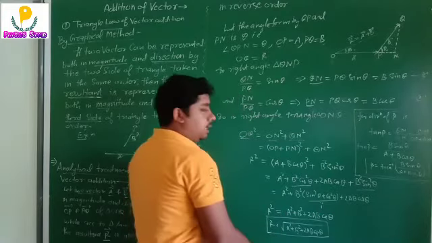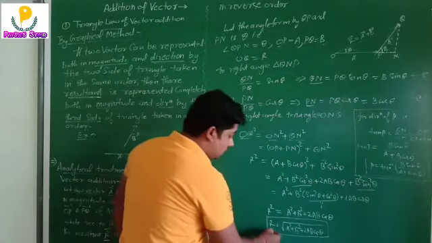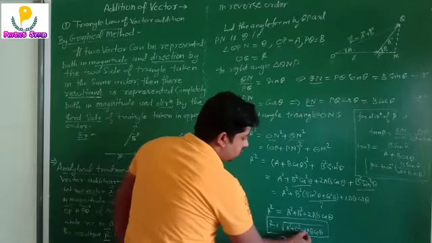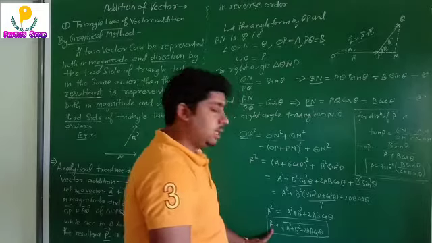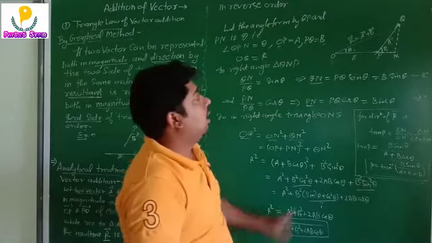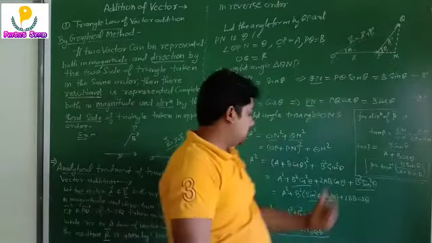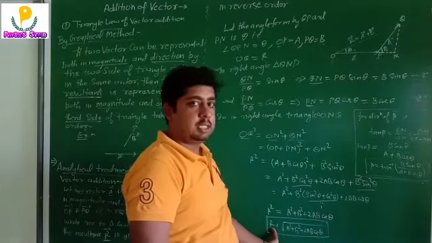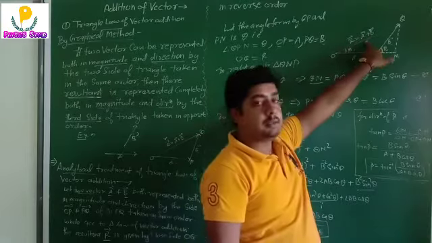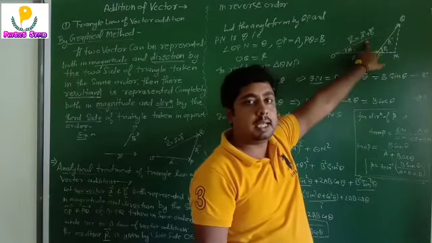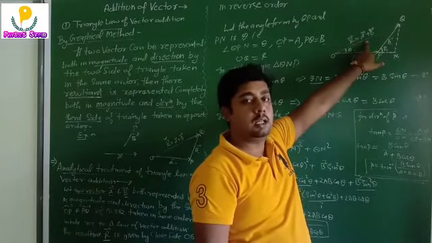If we take the square root on both sides, R is equal to under root A square plus B square plus 2AB cos theta. So this is the resultant of the sum of the two vectors, and this is the magnitude of the resultant. But we know that this is the resultant vector, so it has magnitude and direction also.